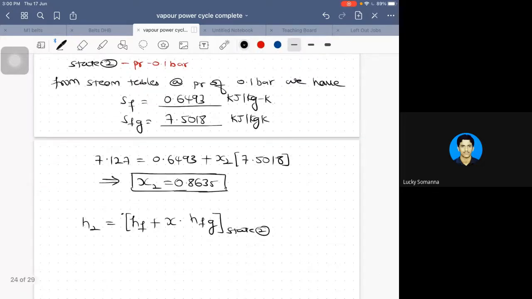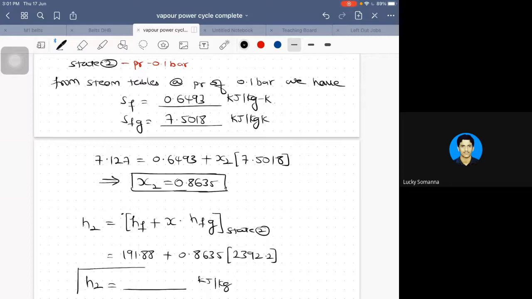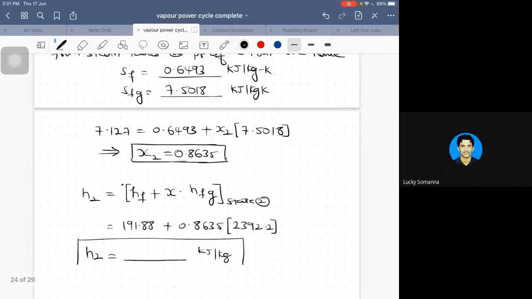So h2 is hf, which I have taken from the steam tables, 191.88, plus 0.8635 into hfg, which is 2392.2. If I do so, I would get the value of h2 in kilojoules per kg.